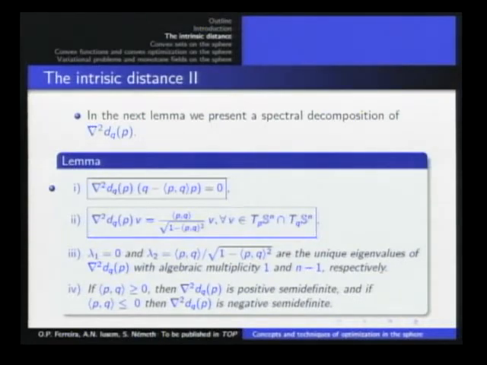So it follows that if I take 2 points which form an acute angle, the Hessian is positive semi-definite, and if they form an obtuse angle, the Hessian is negative semi-definite. All this is very easy to check, but these properties turn out to be quite useful.